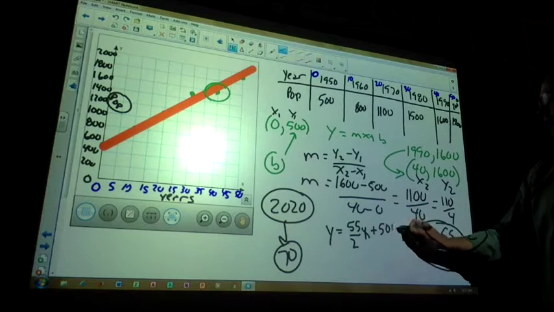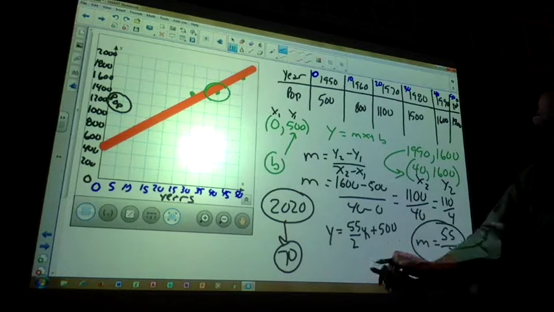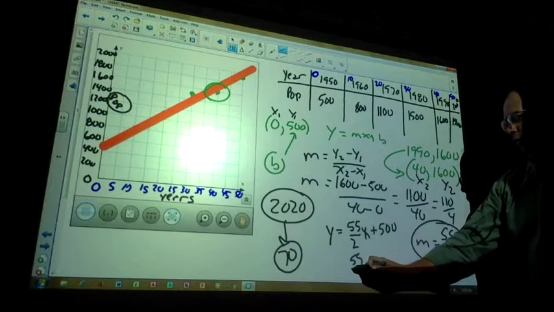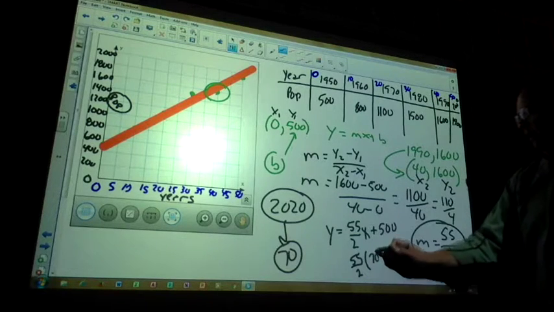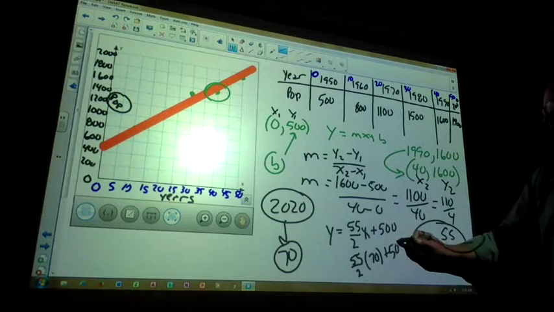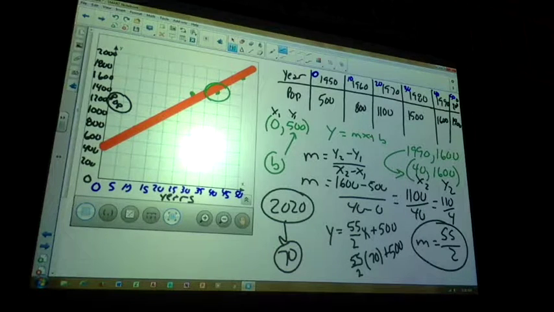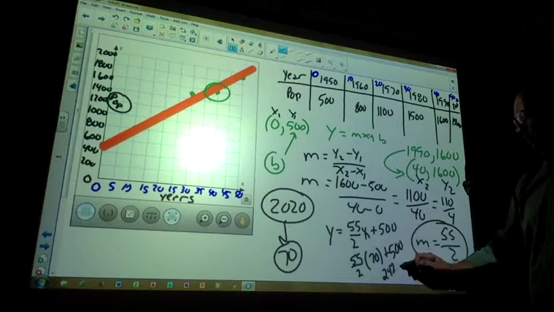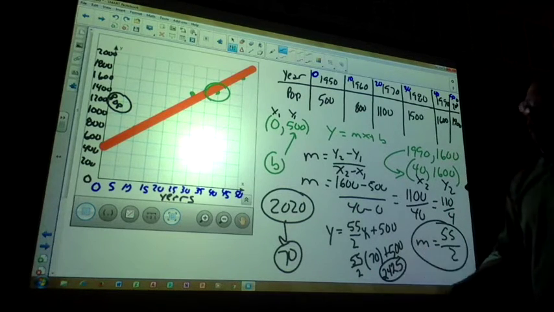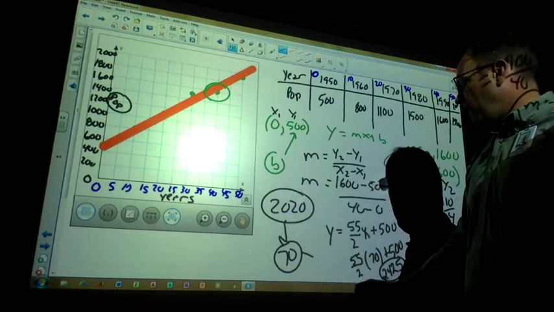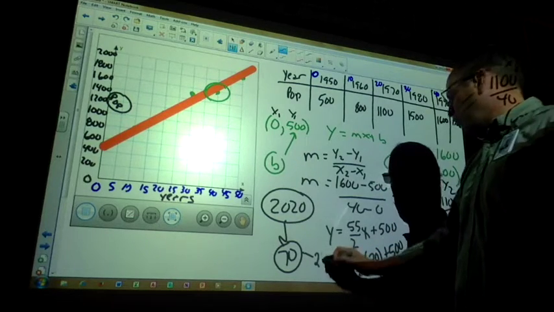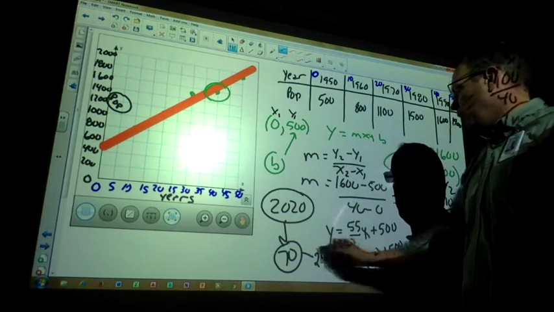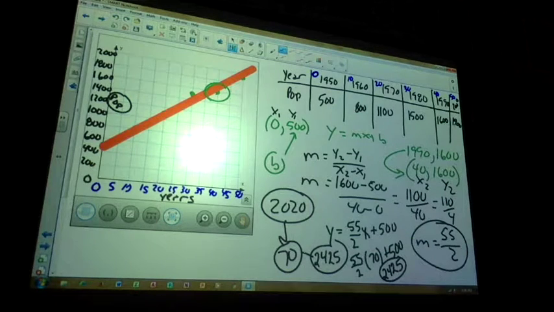It goes into x. So I get 55 over 2 times 70 plus 500. 2425? Yep. So 70 years after the fact, I'm going to have 2,425 people living in my town.